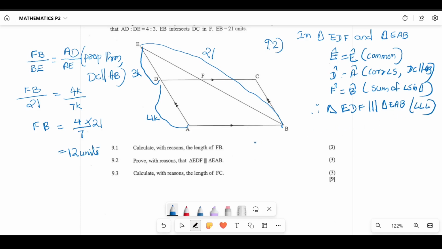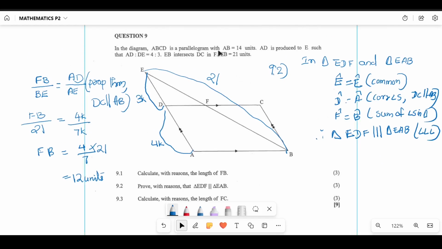Now 9.3, calculate with reasons the length of FC. So the other information in the question was about the length of AB. We were supposed to mark it here. So the length of AB was given here. It was 14 units. So because it's a parallelogram, that means DC is also 14 units.